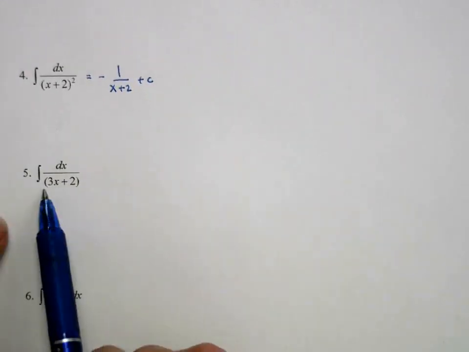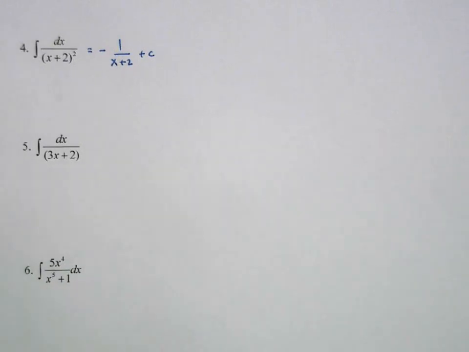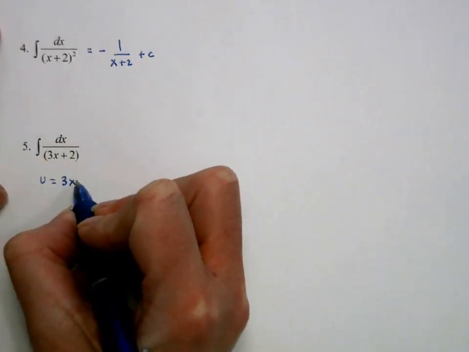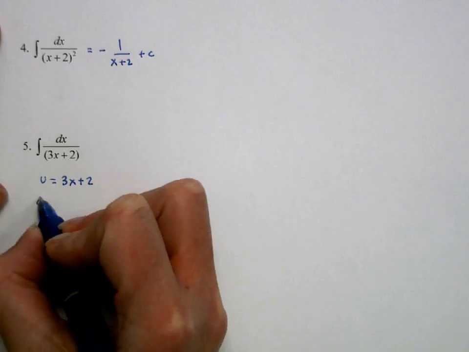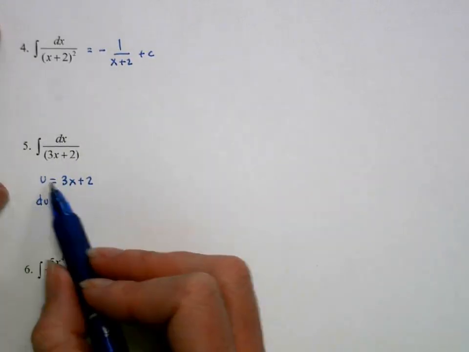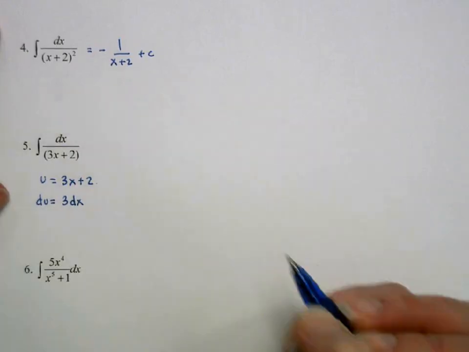This one here does have a coefficient. So strategy number 1 would be to just do it directly. I'm going to go ahead and use a u substitution, though. You can get there without it, but I think u substitutions are super handy in order to do these integrals and deal with these constants. So if my u is 3x plus 2, my du is going to be 3 dx.